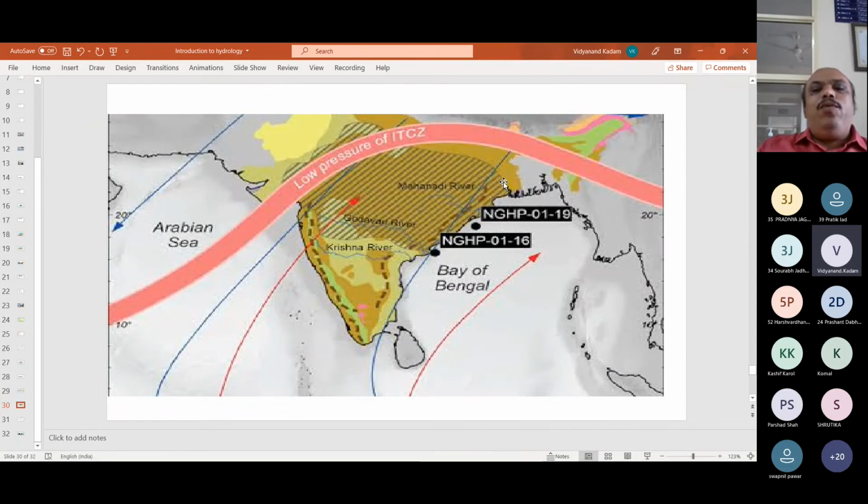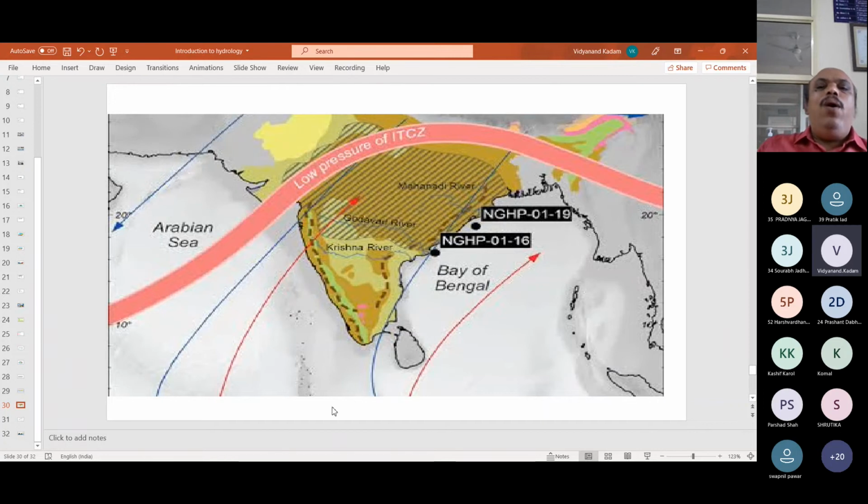Now during these 4 months, what happens? This Indian continent becomes cold, and now the heat is increased towards the equator. Due to that, again this low pressure belt is shifted towards the equator.